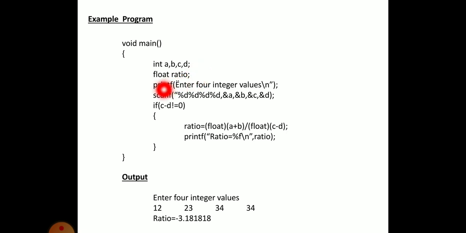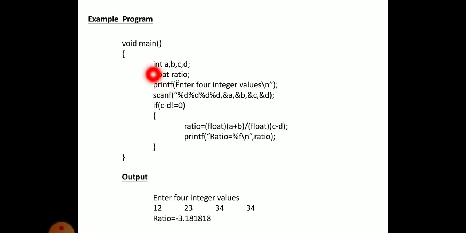Now the second statement is float ratio. We know int is the keyword used to indicate that the variable is an integer, and for decimal point values, for real numbers, we have to declare it as a float. Real numbers are always declared with the float data type.